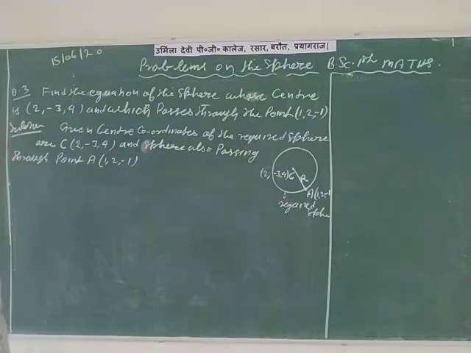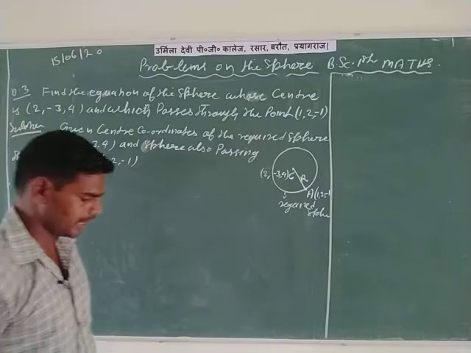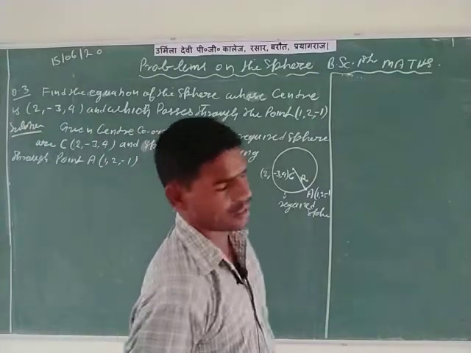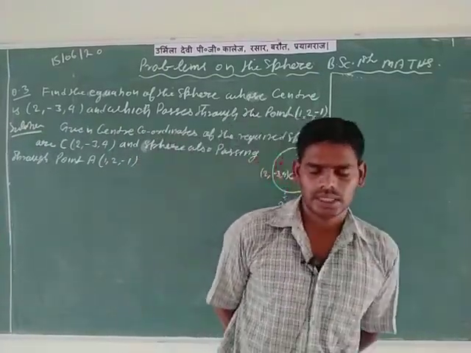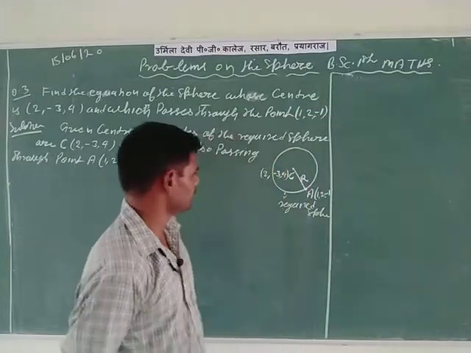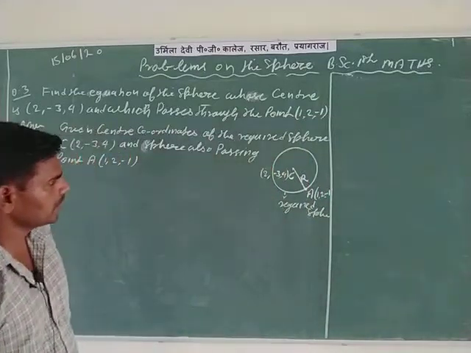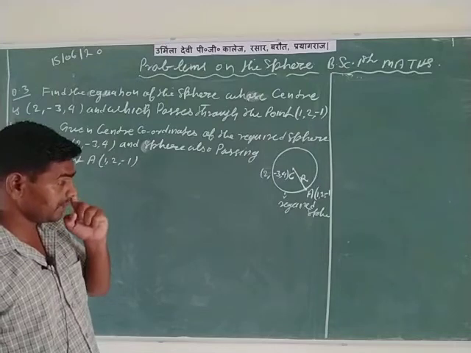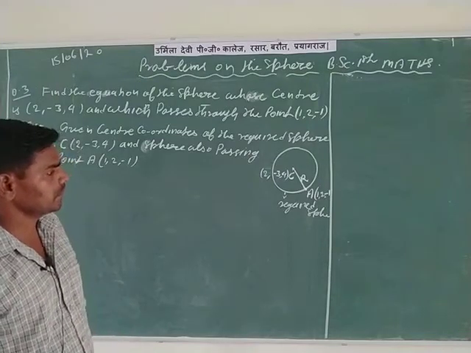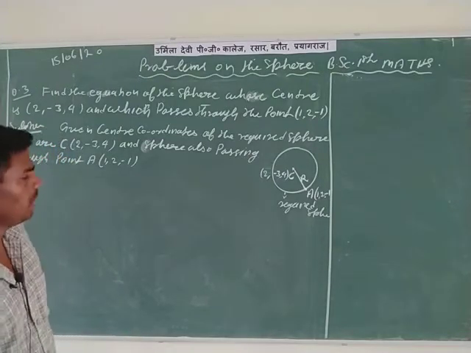Then from the figure, the distance between point C and point A is equal to the radius of the required sphere. So first calculate the radius of the required sphere, meaning the distance between point C and point A.